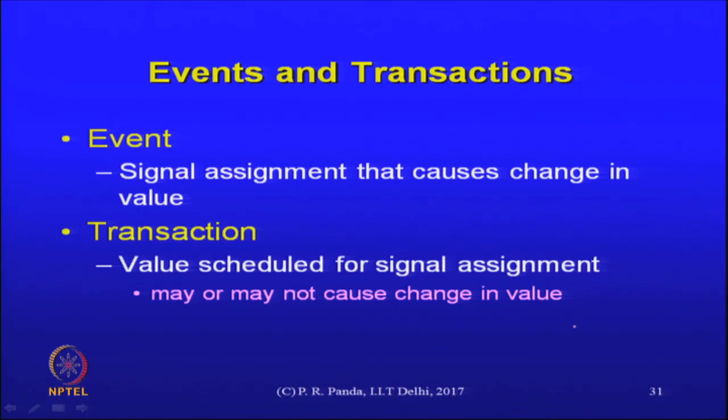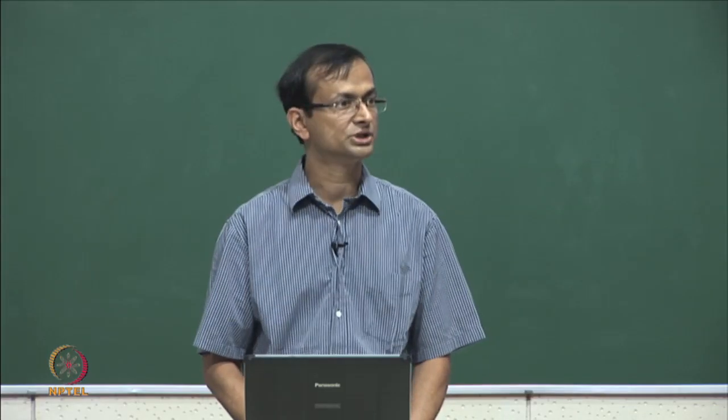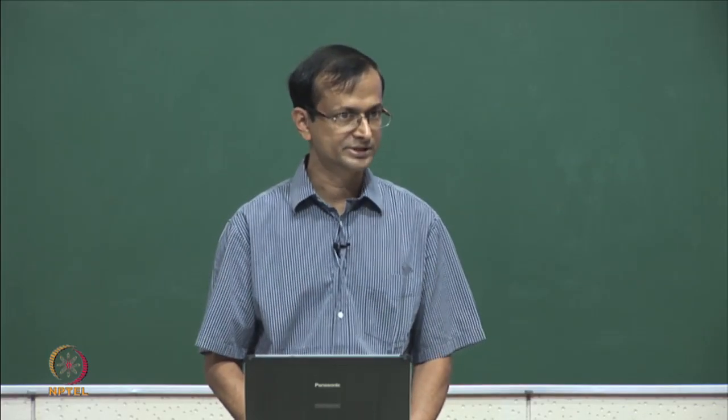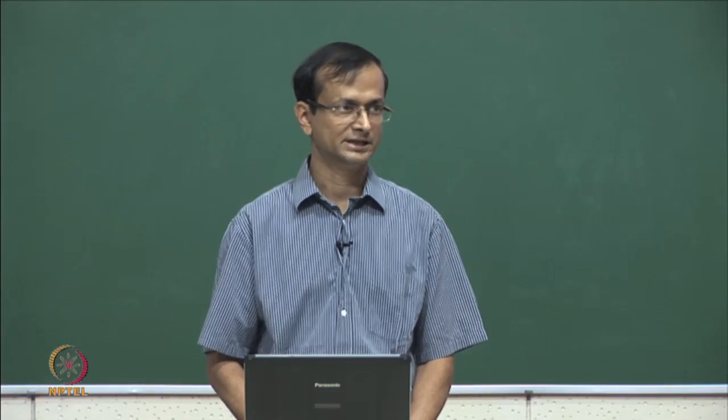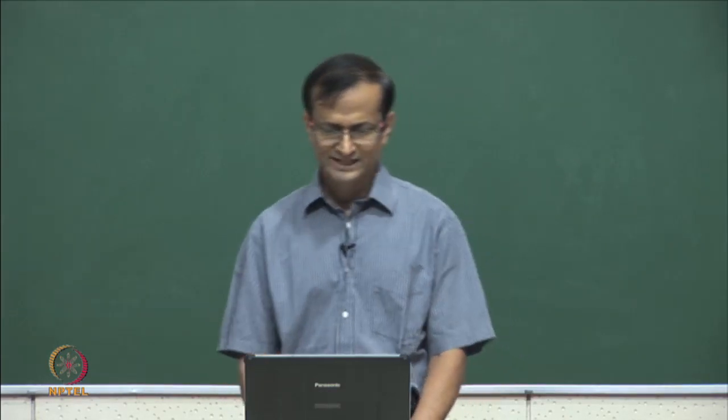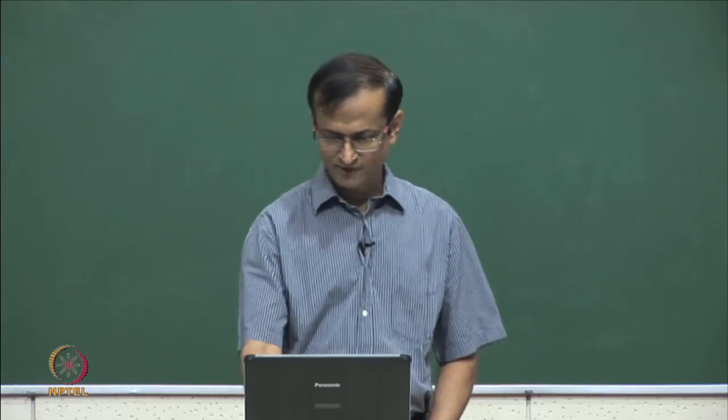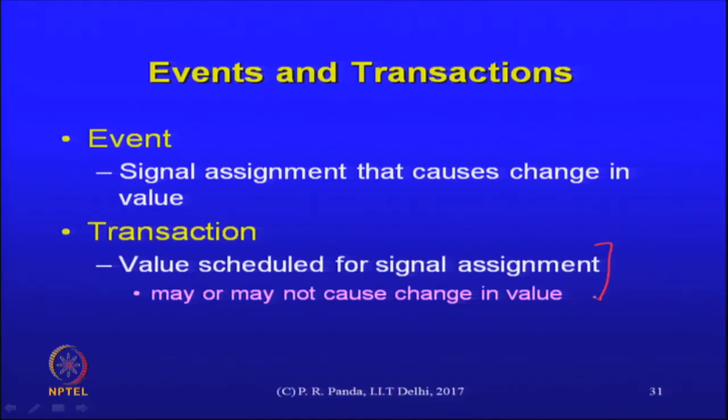An event is said to have occurred if we have a signal assignment that causes a change in the value of that signal. It does not matter what the type of the signal is; if the value is changing at a particular time, then we say that an event has occurred at that time. A transaction refers to a value being scheduled for signal assignment.